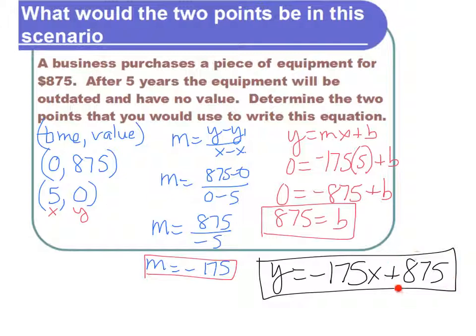Your y-intercept is always your initial value, so it was initially worth 875, and your slope here is your rate of change. The fact that it's negative tells me that the value is going down, which makes sense. The value does go down. And what it's doing is it's going down $175 per year, because our units for time were in years.